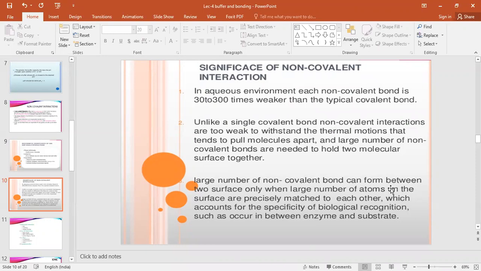A large number of non-covalent bonds can form between two surfaces only when the large number of atoms on the surfaces are precisely matched to each other.